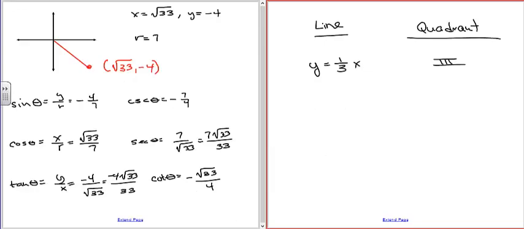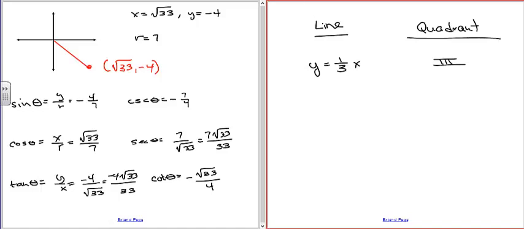Okay, the next one gives you a line which defines one of the sides of the angle, and it tells you what quadrant it's in.